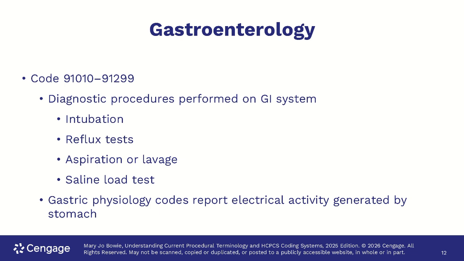The surgical section for procedures of the digestive tract should be referenced before these codes are used. Procedures of the esophagus are reported first, including intubation and gastroesophageal reflux tests. Over here, you'll also see gastric intubation, gastric aspiration or lavage, gastric saline load testing are covered in this area.